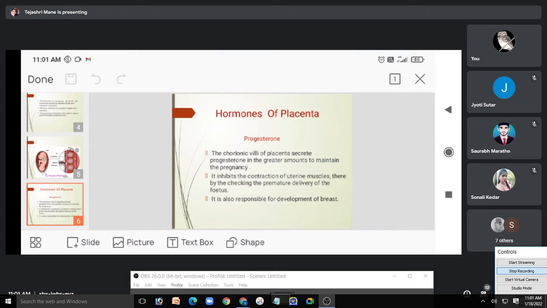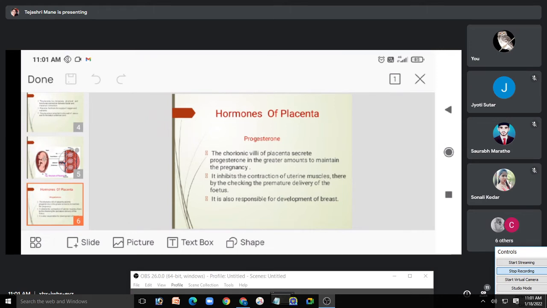Progesterone is literally the hormone of pregnancy. The chorionic villi of placenta secrete progesterone in greater amounts to maintain the pregnancy. It inhibits the contraction of uterine muscles, thereby checking the premature delivery of the fetus.